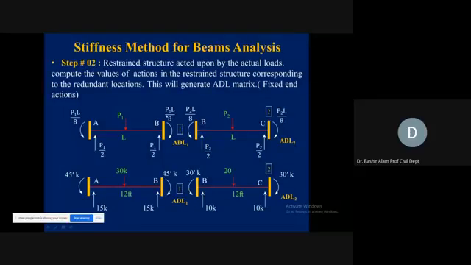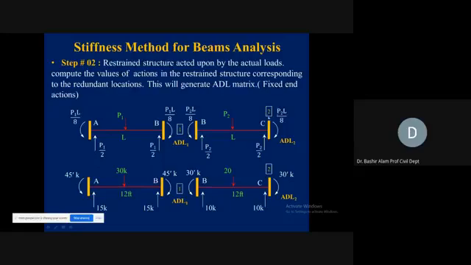As the moments are balancing each other, half of this load will go to support A and half to support B. That is why we see P1 divided by 2 and P1 divided by 2. If we have an unbalanced moment, you will have to distribute it accordingly by inducing a couple there so that the unbalanced moment is balanced.